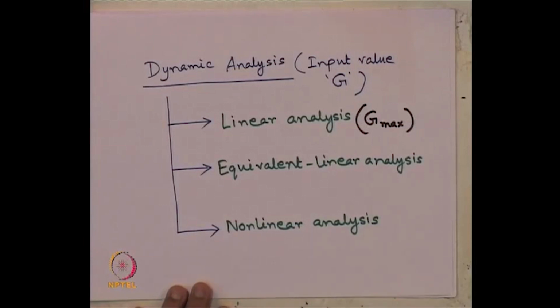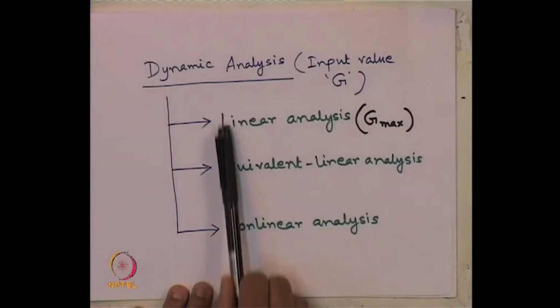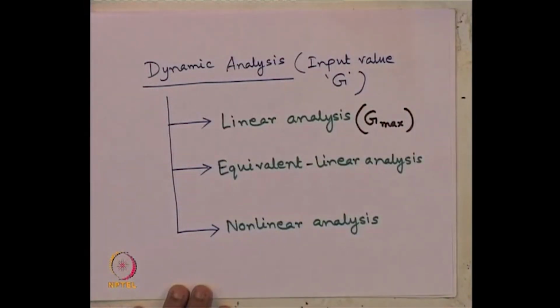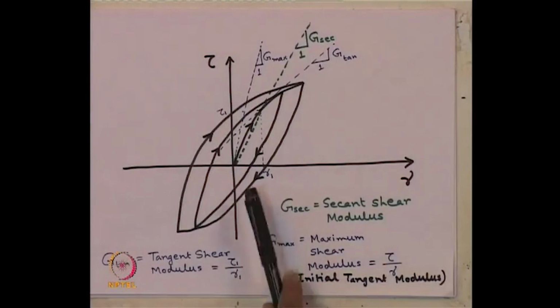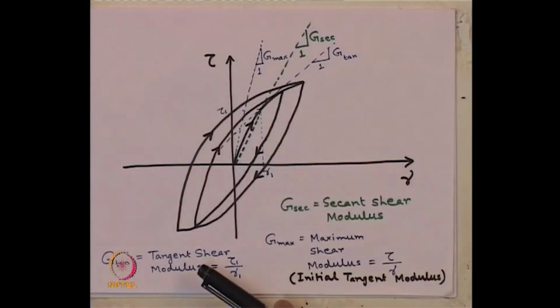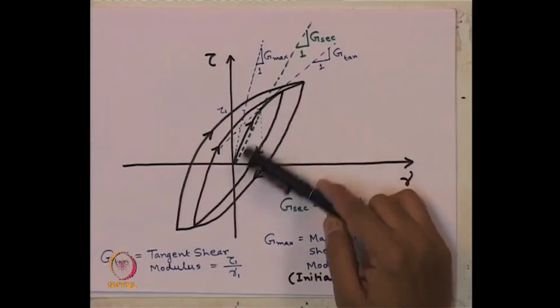Then something we are missing or doing wrong in our analysis, if we still take G max as our input value. That is why the correct analysis is fully nonlinear analysis. In nonlinear analysis, this third category, we consider the fully nonlinear behavior, because if we look at the variation of this tau versus gamma plot for the soil material, typically its behavior is completely nonlinear.